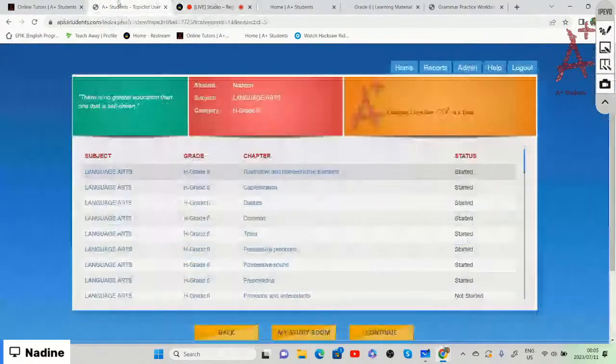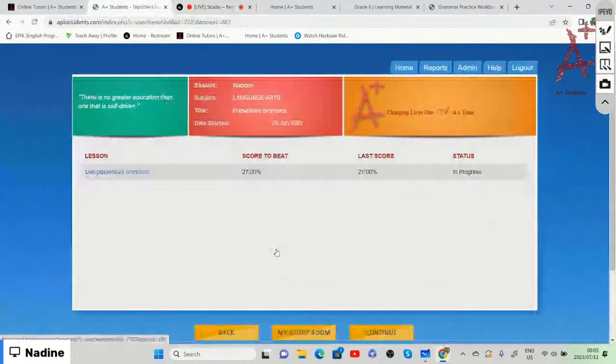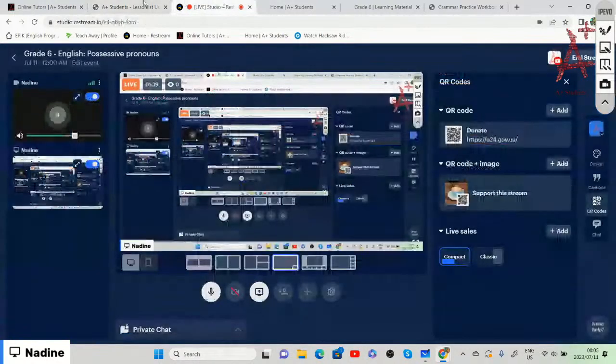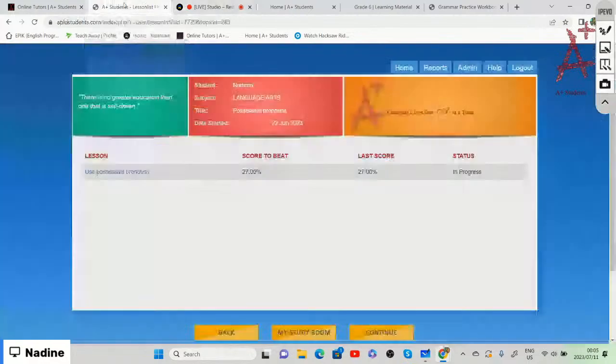So we'll click on possessive pronouns. All right, so we are in the chapter of possessive pronouns. Then we are going to the lesson of use possessive pronouns. And before we are able to use possessive pronouns, we need to know what a pronoun is.